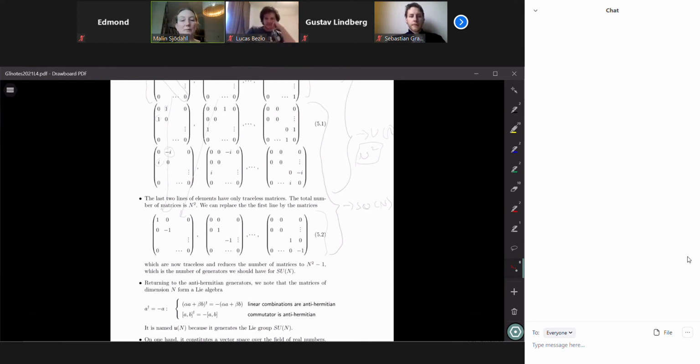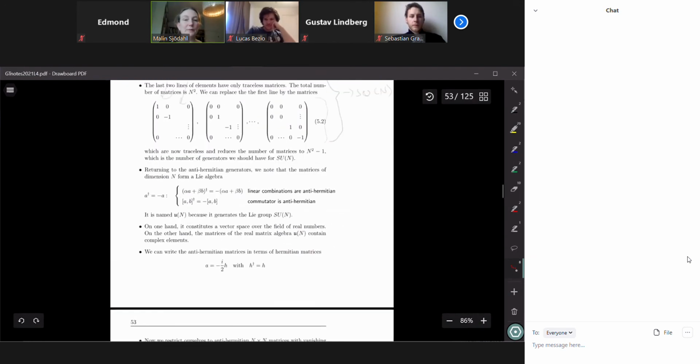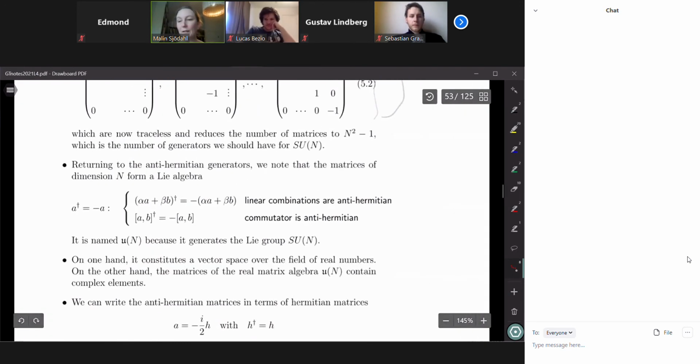The anti-Hermitian matrices are trivially obtained from these Hermitian matrices, essentially multiplied with i to make the matrices anti-Hermitian instead. So A dagger is minus A.